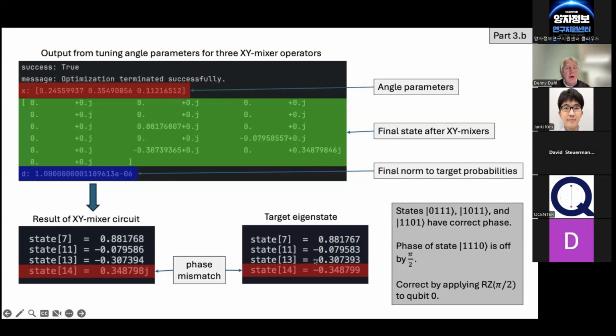So you'll have to have a different sequence of RZs to actually correct the phase mismatch. And in fact, at least one of the submissions did not use an RZ to correct the phase mismatch, but it actually used a CZ gate, which was very interesting because there were 2 states that needed to be corrected in that submission. So that was a very interesting alternative.